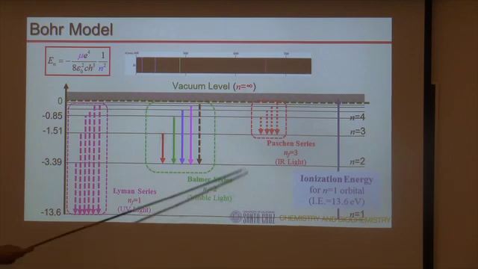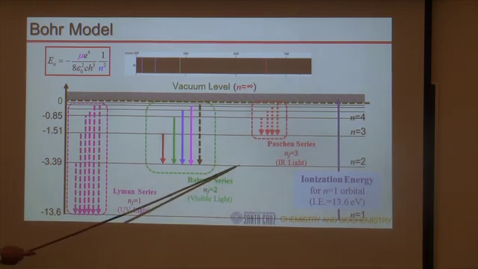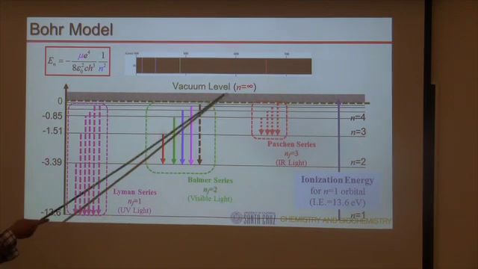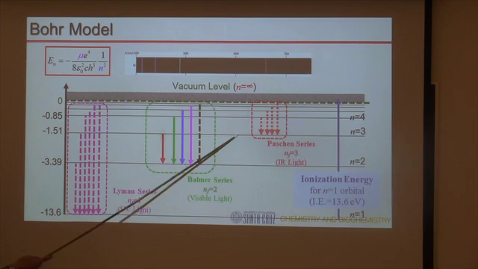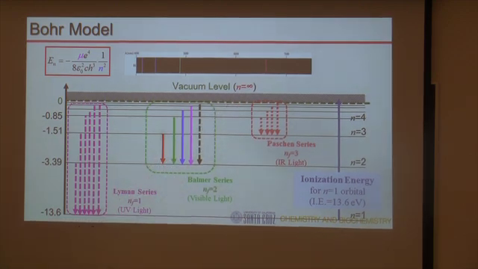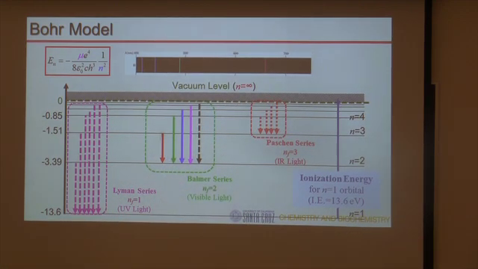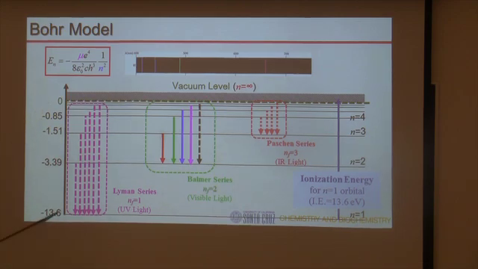We can have ionization energy for n equals 2, which means the energy between here and the vacuum level. For n equals 3, the ionization energy is from here to the vacuum level. And how can you calculate the energy? You base it on this equation: you plug in different Ni or Nf and use the Bohr equation.